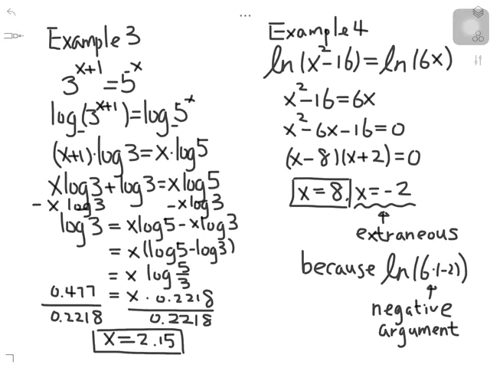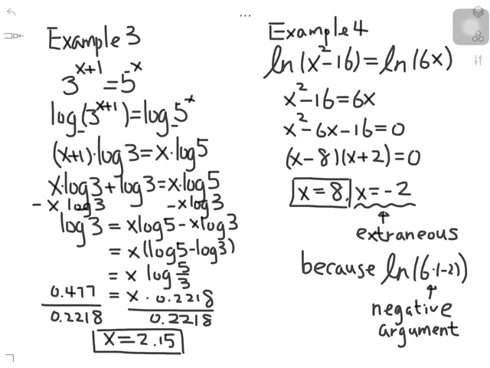Then I distribute, so x times log 3, plus 1 times log 3, equals x times log 5. Then I want to put x all on one side, so I subtract x log 3 from both sides.